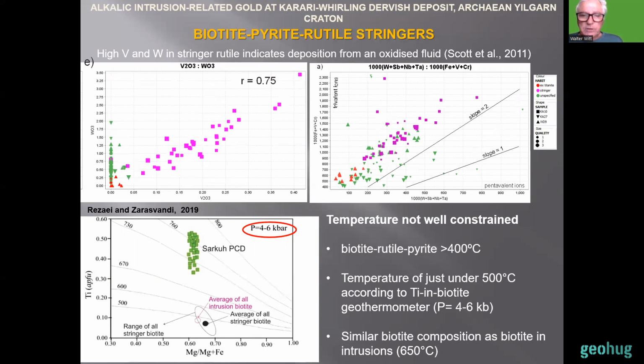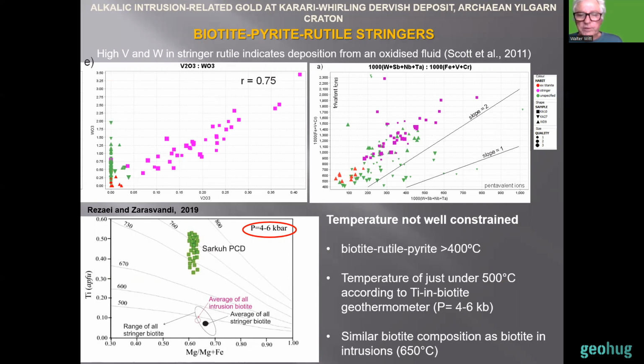The temperature of biotite formation increases with decreasing pressure. So the 500 degrees centigrade measurement for the Karari volcaniclastic hosted hydrothermal biotite would have formed at a minimum of 500 degrees centigrade based on this plot.